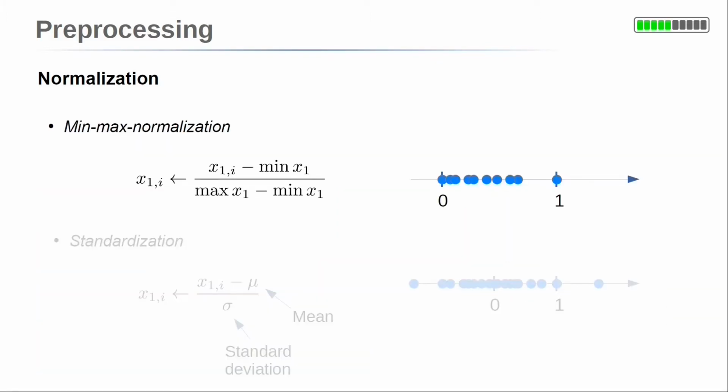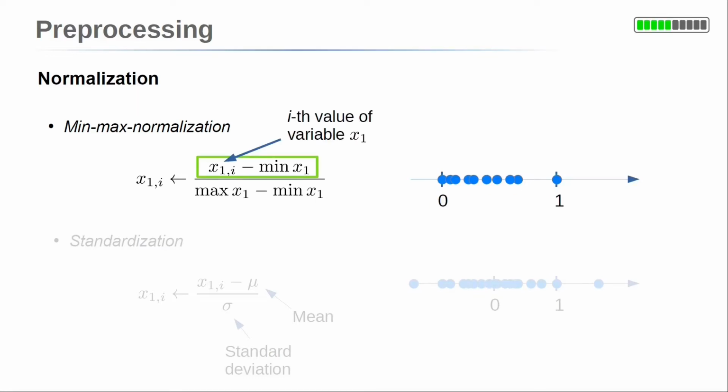There are two very often used approaches to normalize a variable x1. The first is called min-max normalization. The values are scaled to fit into the interval of 0 to 1. The variable's minimum and its maximum need to be determined.